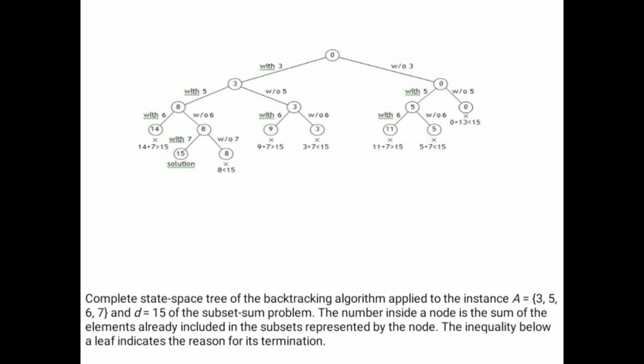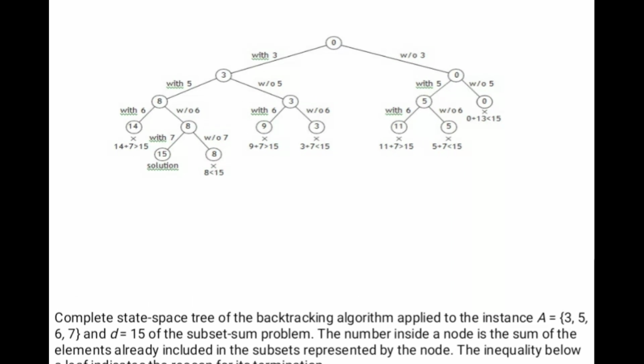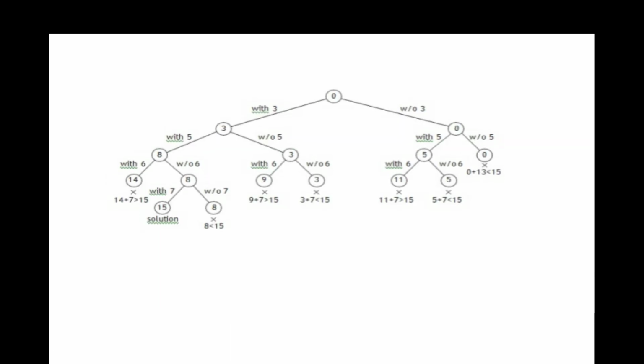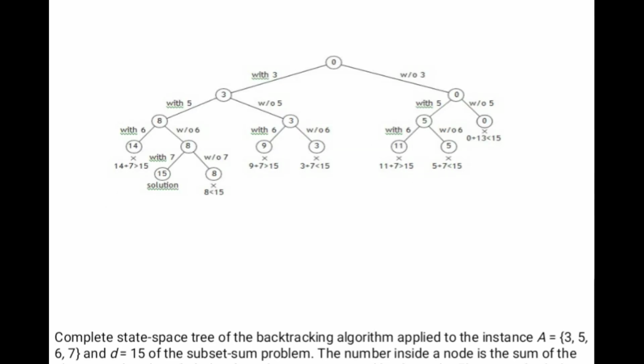The root of the tree represents the starting point with no decisions about the given elements made. Its left and right children represent respectively inclusion and exclusion of A1 in a set being sought.